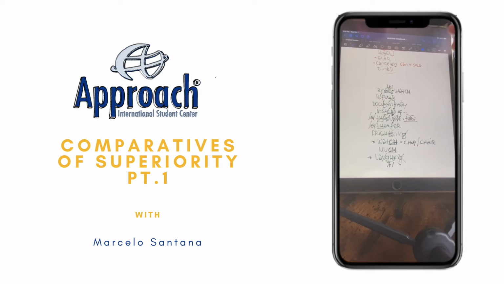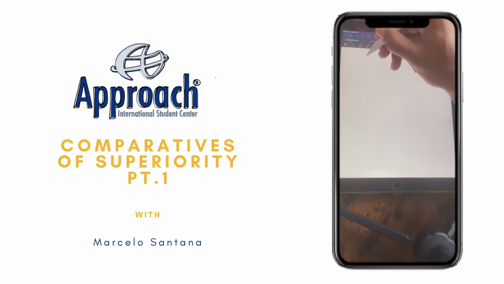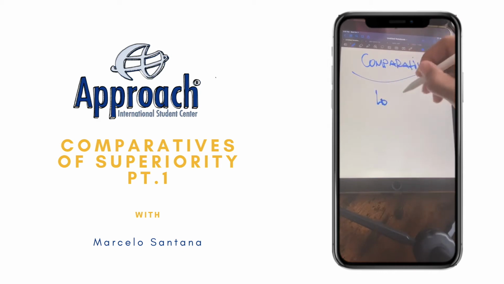Let's go. What I want to explain to you today is how to compare things in English. Very fast, very simple, very easy. Like this, comparative, guys. But we are going to focus on the comparative of superiority.